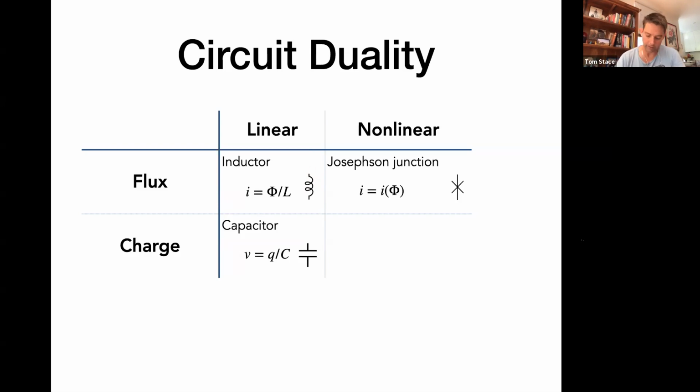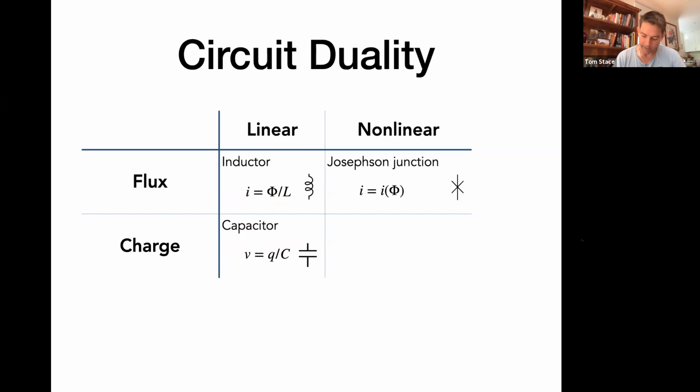And a capacitor, which is a device whose voltage is proportional to the charge that's crossed the device. And that gets called a capacitor. So there's this intrinsic duality that exists between flux and charge, that if I relabel flux by charge and current by voltage, I map between inductors and capacitors.